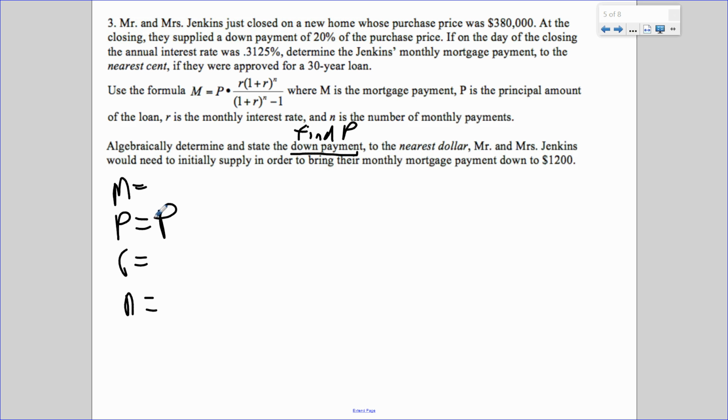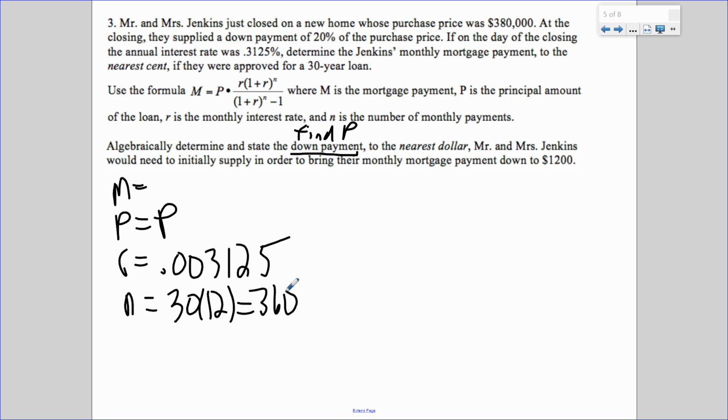From the previous part of the question, the rate is still 0.003125. N is still the number of years times 12. Now it's asking for P, and it wants the mortgage payment to be $1,200.